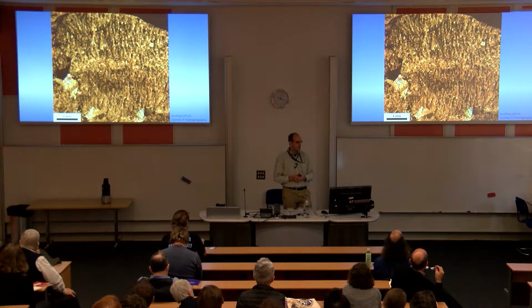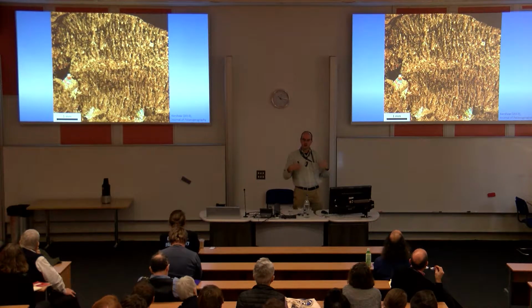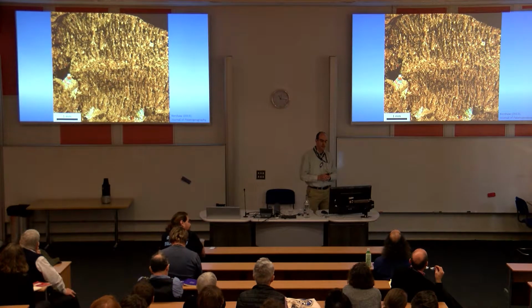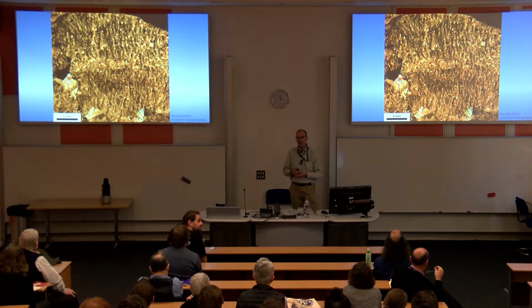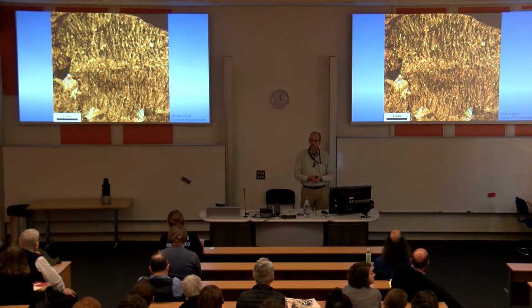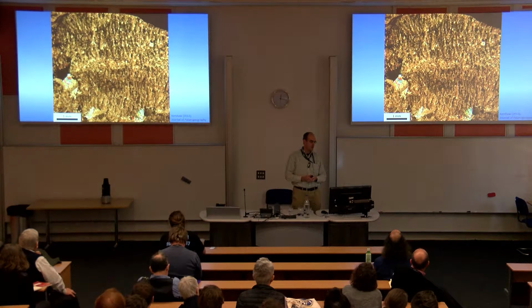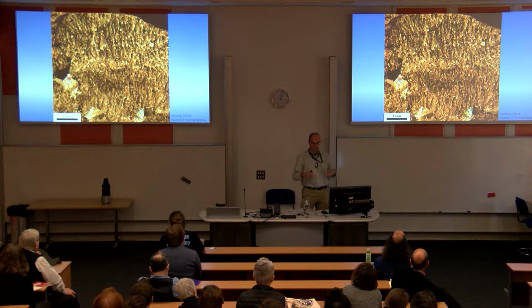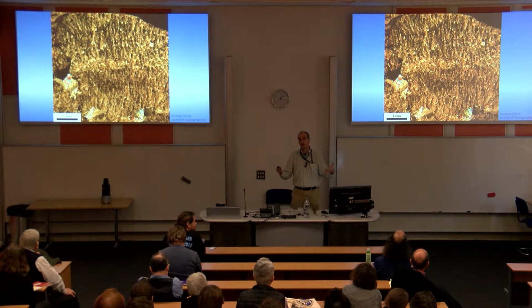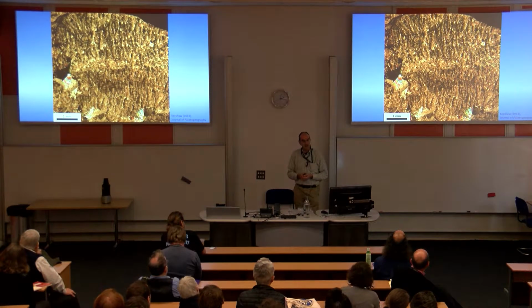So it's really a conundrum of how to explain the preservation and to make heads or tails of the original preservation. Some authors argued this really coarse recrystallization must have originally reflected aragonite. Others say calcite.